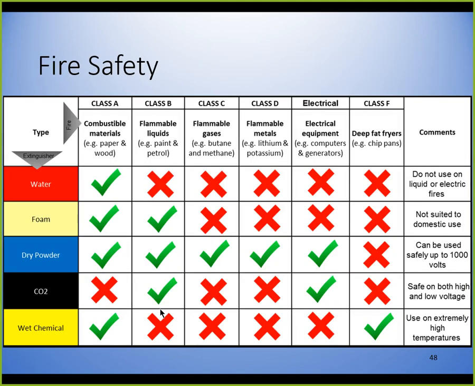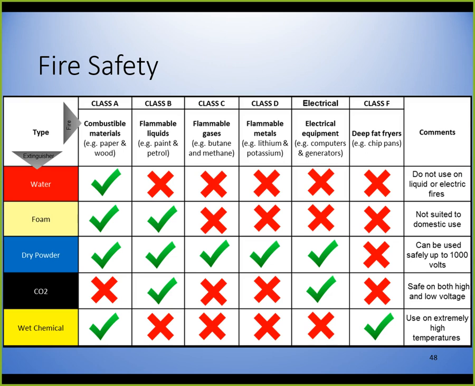But what we use for each of these: the Class A combustible materials, and the way I was taught, Class A fires, white smoke. Water, foam, dry powder, everything but CO2, wet chemical, can be used on those.